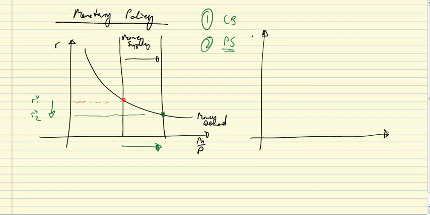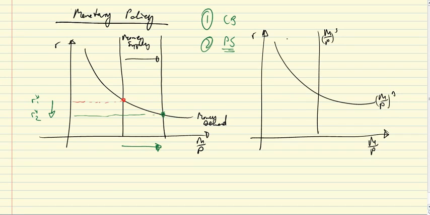You can of course make the same argument in the reverse direction. So you have MPS here and MPD here, so that a reduction in the money supply implies this rise in interest rate. Again, what has happened here? Well, the central bank now goes out and sells bonds.